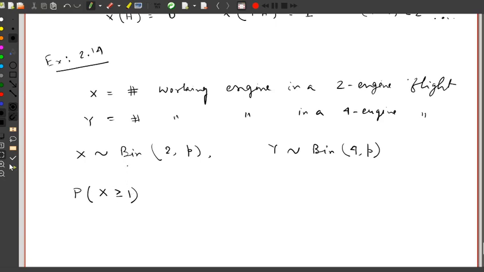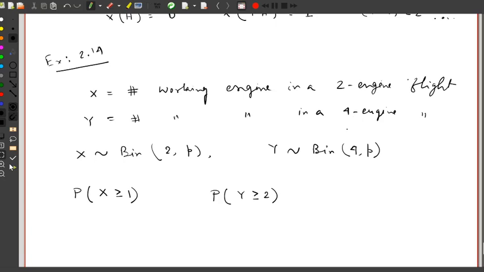So the success probability for a two engine plane is nothing but the probability that x is greater than or equal to 1. On the other hand, the success probability of a four engine plane is nothing but the probability that y is greater than or equal to 2, because in this case at least two engines have to work.